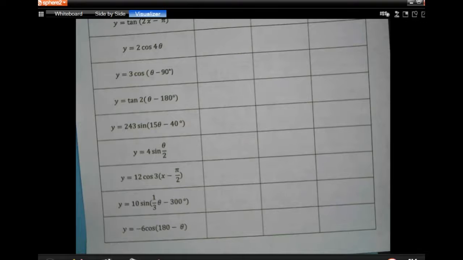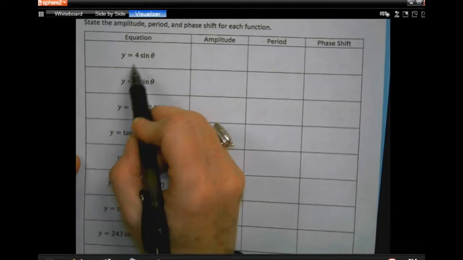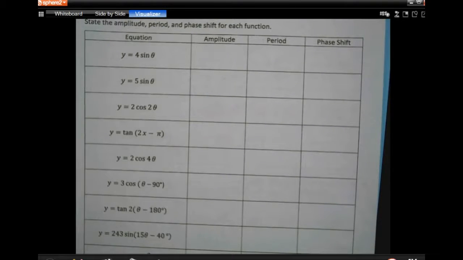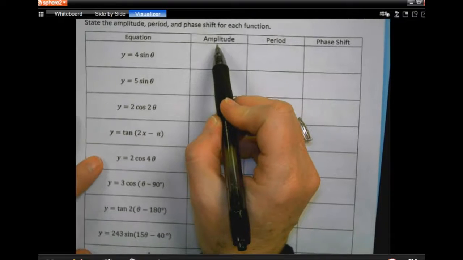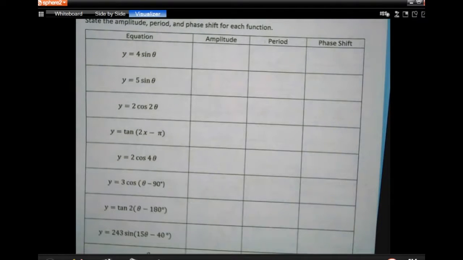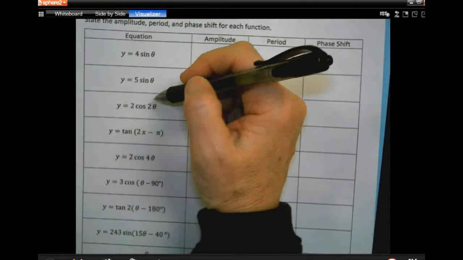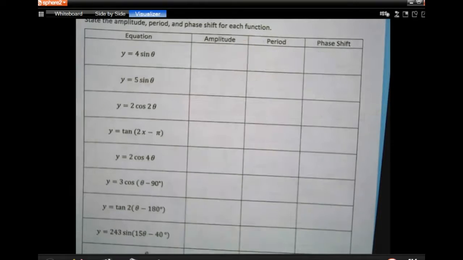Okay, so y equals 4 sine of theta. First of all, where does the amplitude come from? Always positive, and in the beginning. Where does the period come from? The number in front of the theta or the x, and the phase shift is the plus or minus number in the x, okay?